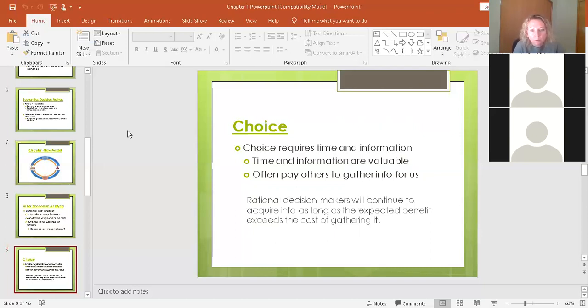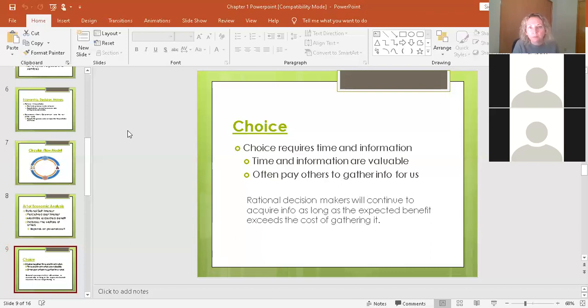Rational decision makers will continue to acquire information as long as the expected marginal benefit exceeds the cost of gathering. So when you decided to come to NAU, you did collect information, but then at some point you actually stopped because you thought you had enough, and you didn't think that spending more time on that decision would benefit you anymore, so you stopped.